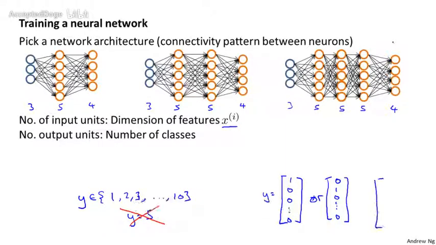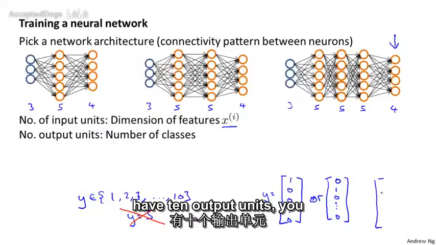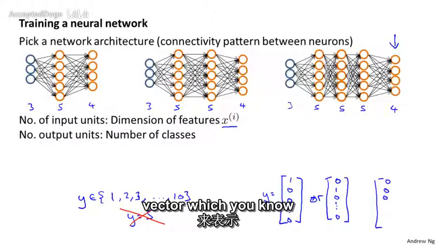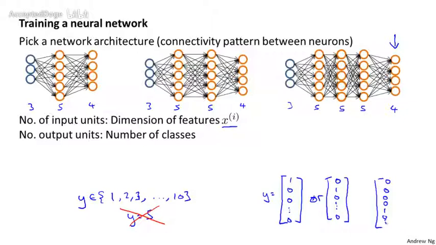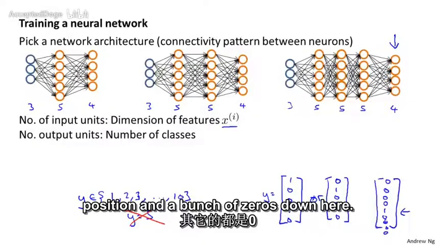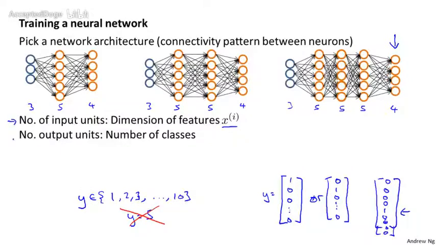Instead, here at the output layer, which would have 10 output units, you would instead feed it a vector with a 1 in the 5th position, and then a bunch of zeros down here. Right? So the choice of number of input units and number of output units is reasonably straightforward.